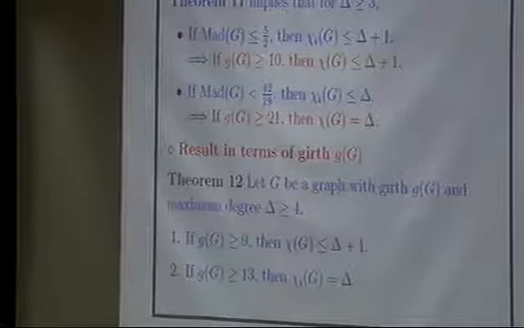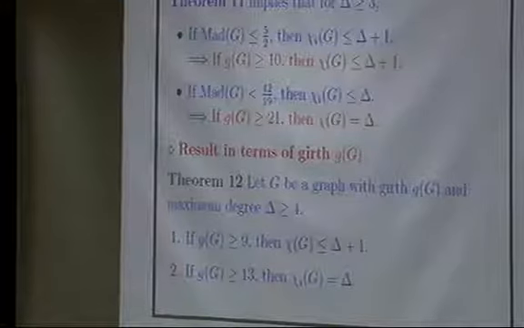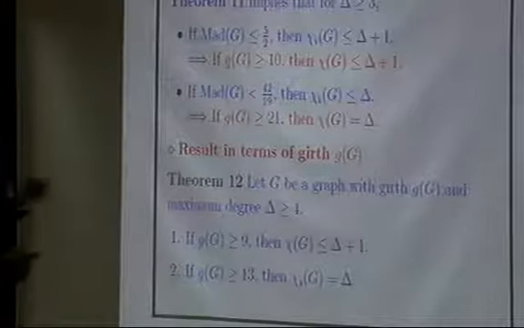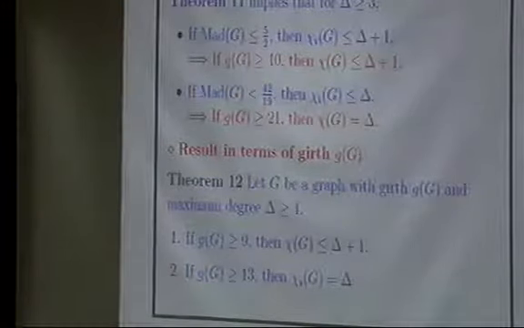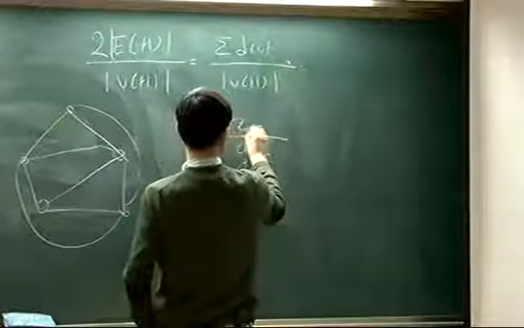So once we show that if maximum average degree is at most 5/2, then we can say, okay, if girth is at least 10, then the upper bound is delta plus 1. How can you get the number?